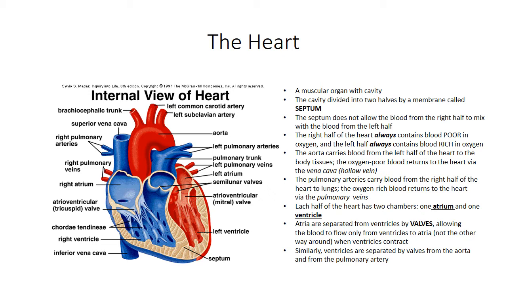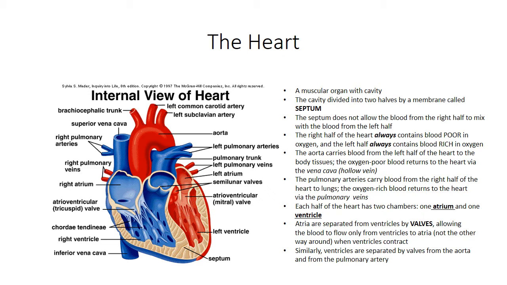And then the blood becomes oxygen rich and is returned to the heart, this time to the left part of the heart, by something that is called pulmonary veins. Find the caption, pulmonary veins. It shows you left pulmonary veins and right pulmonary veins. Both sets of veins bring the oxygen-rich blood back to the heart, more specifically to the left part of the heart.